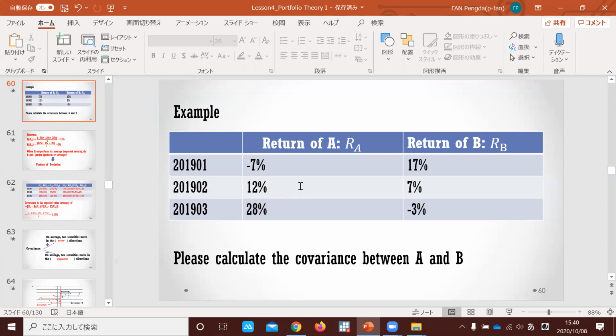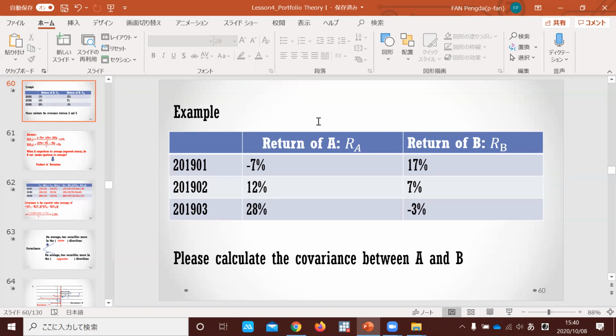On the other hand, if we consider another pair of stocks, for example, stock C and stock D, and both stocks' returns are bigger numbers. Let's say that C has 200%, 250%, and 500%, and D has 1,000%, minus 1,000%, and 200%.